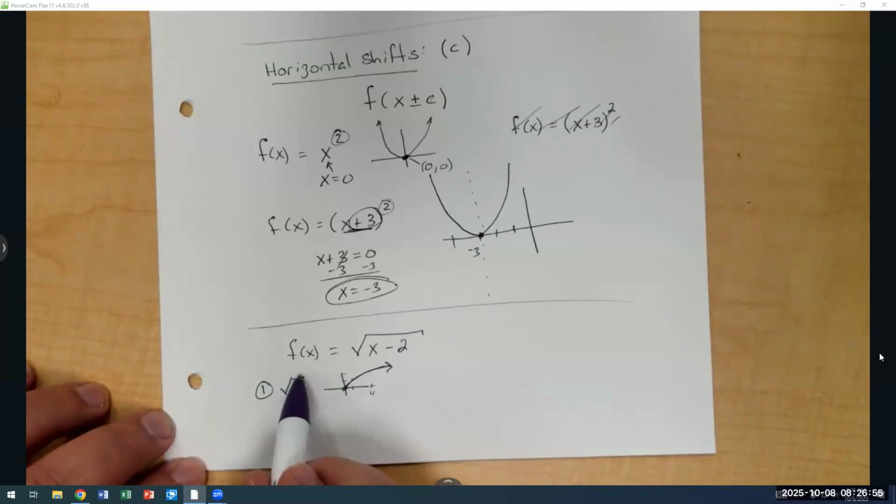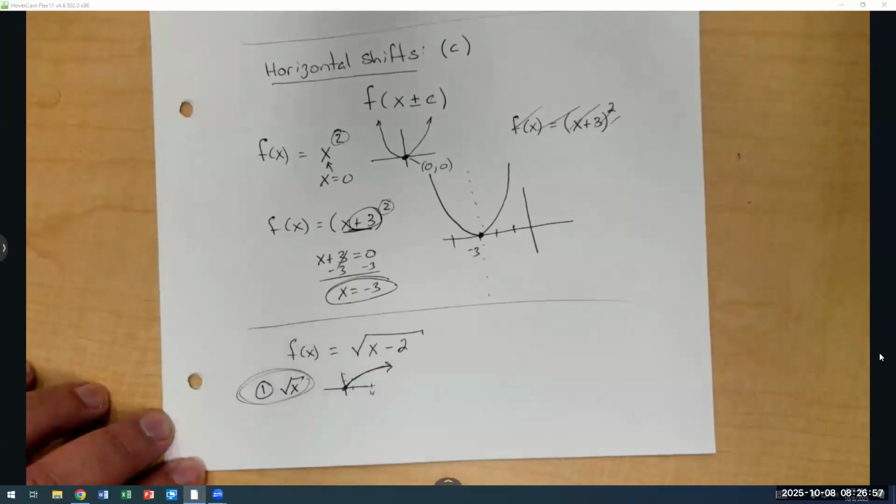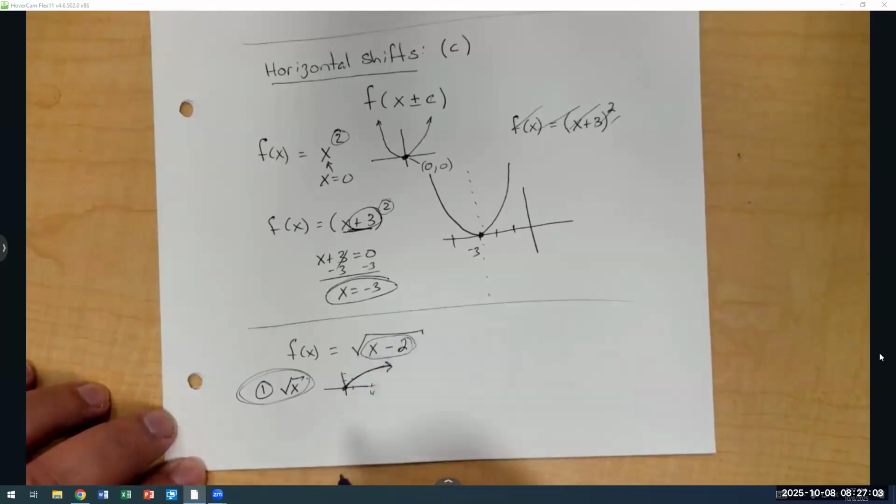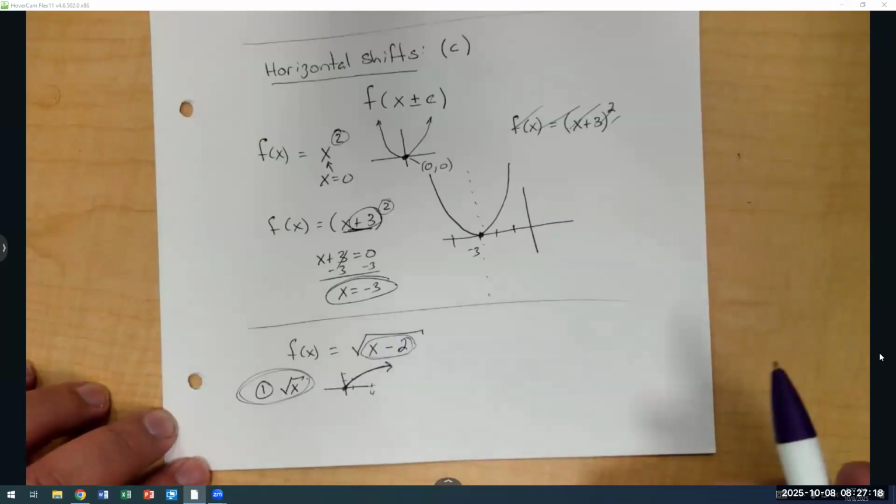Okay, so first thing to do is find out what is my original library of function. Now, since the only thing that happens is inside here, which direction and how many spaces does it go? The number of spaces should be easy.